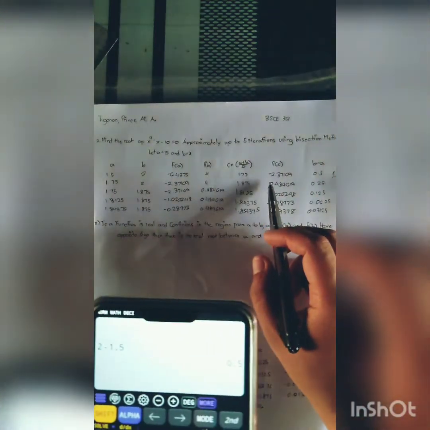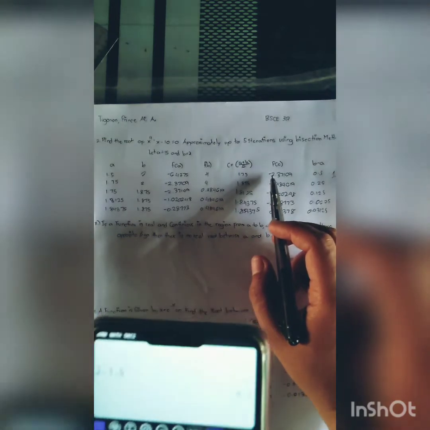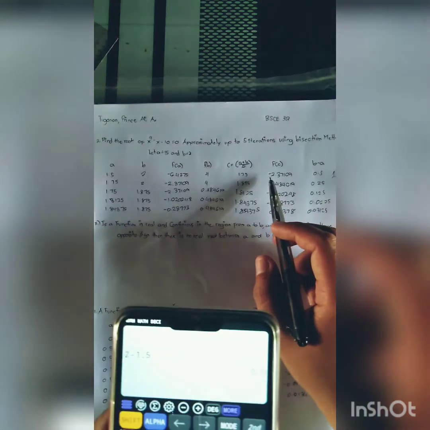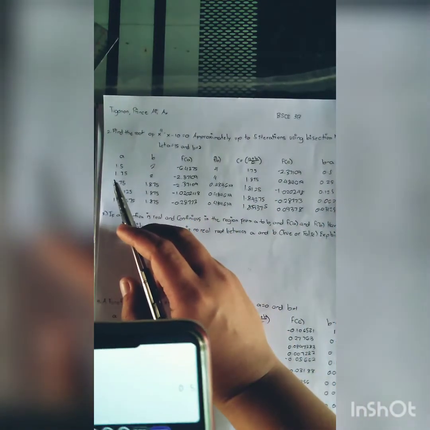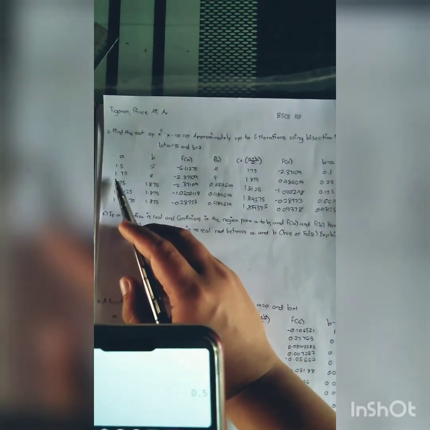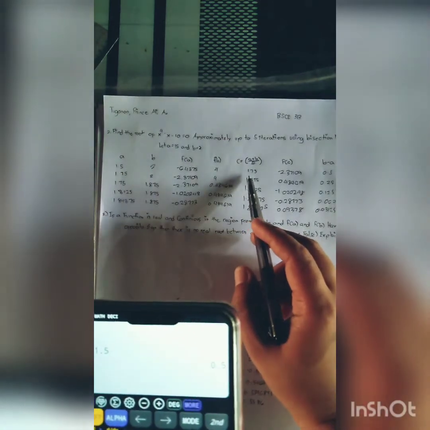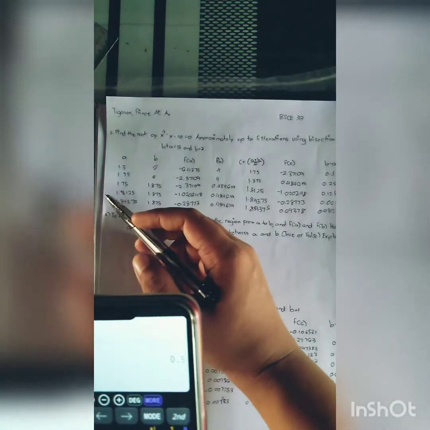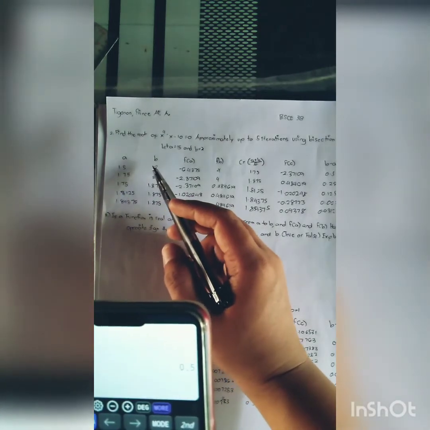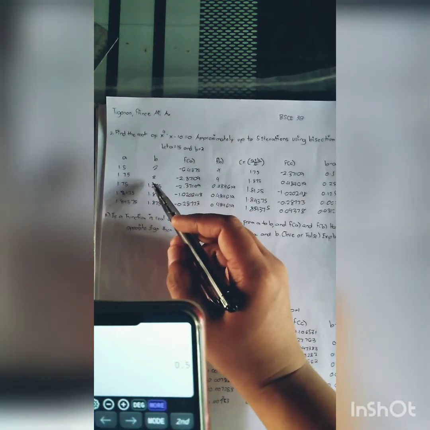The function of c is negative, so we're gonna change the a and substitute the value of c, which is 1.75, and the value of b remains the same, which is 2.